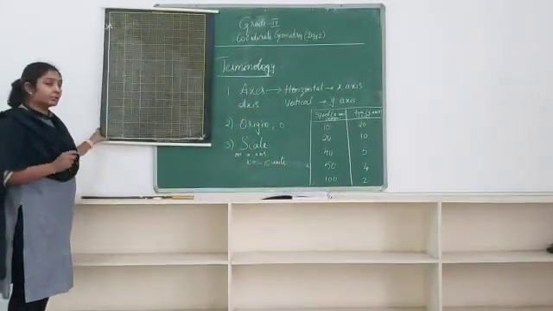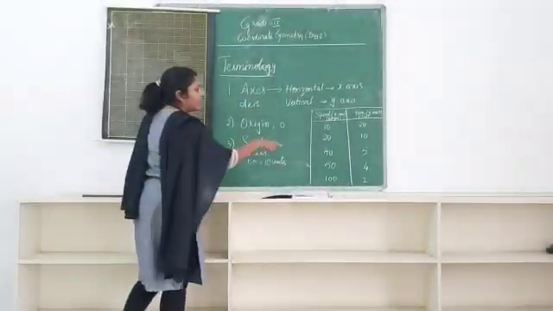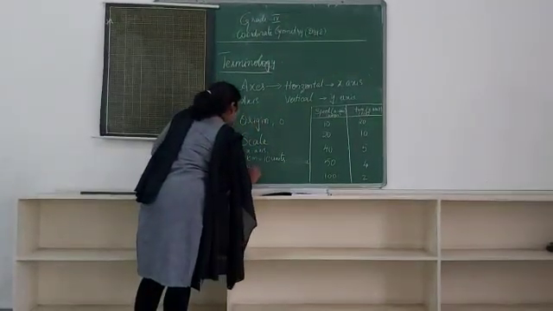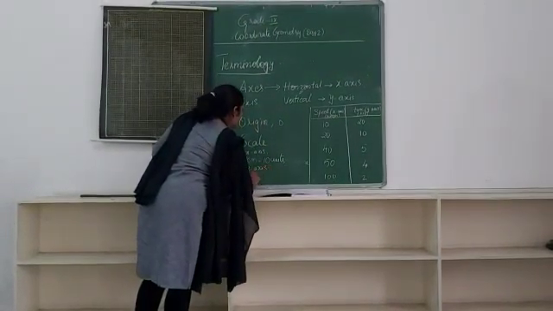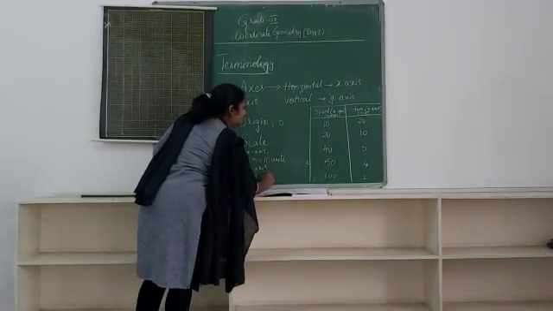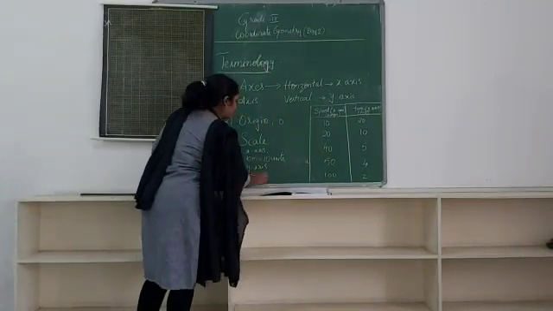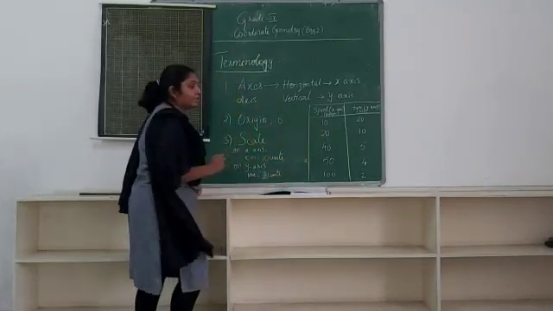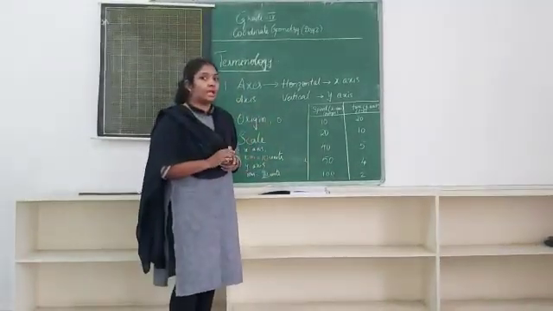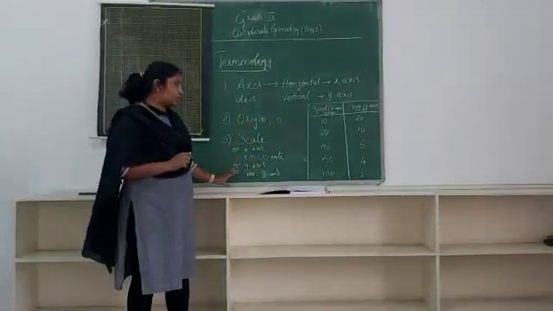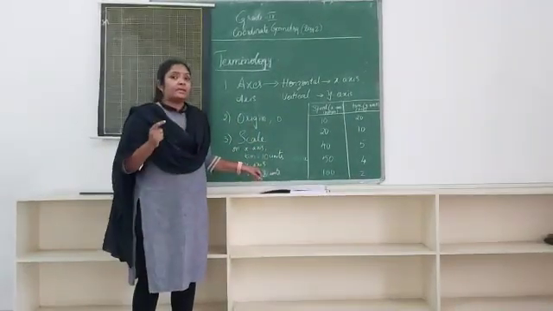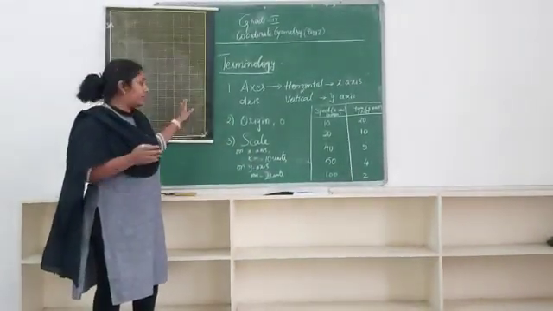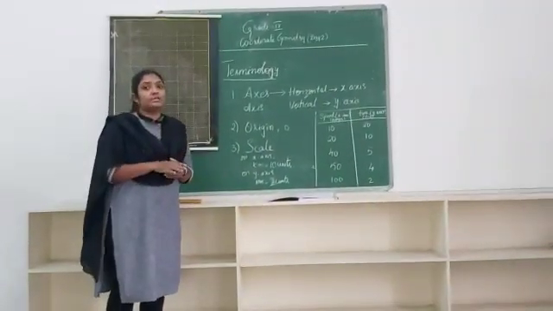On the y-axis I have values from 2 to 20. So on the y-axis, 1 centimeter is equal to 2 units, because the minimum value is 2 and the maximum value is 20. Now you might have understood how to write the scale. In the next video we will do the plotting of this, along with other terminologies.